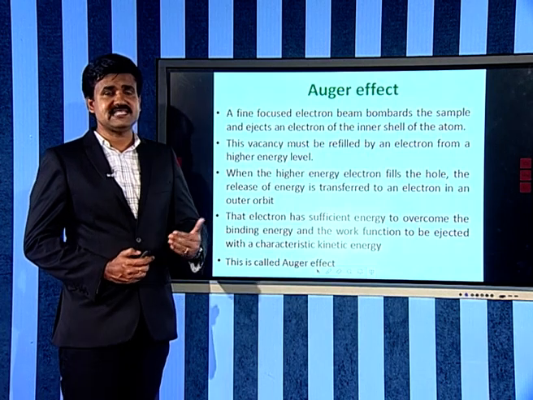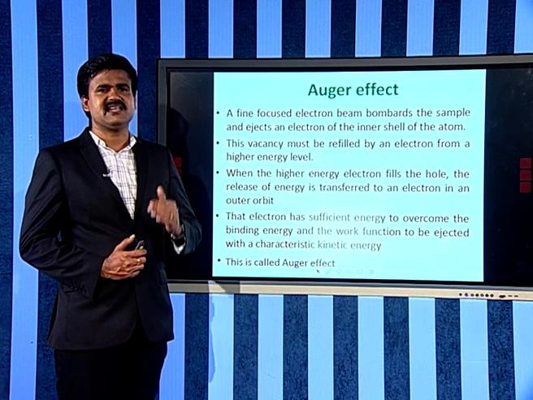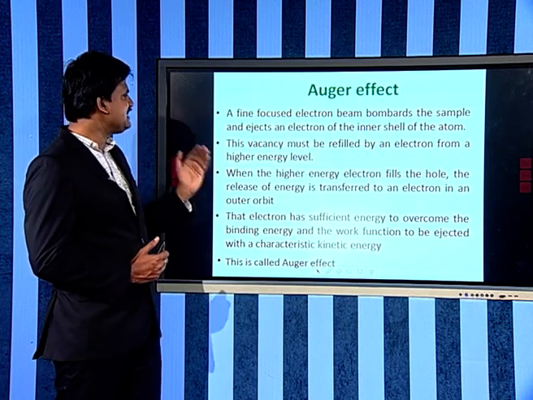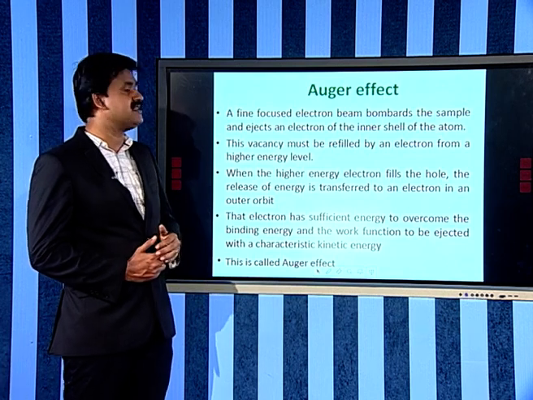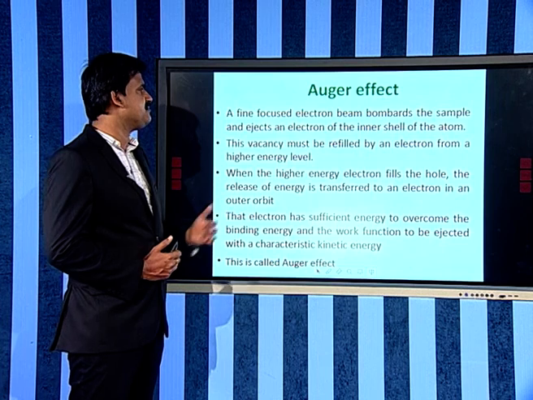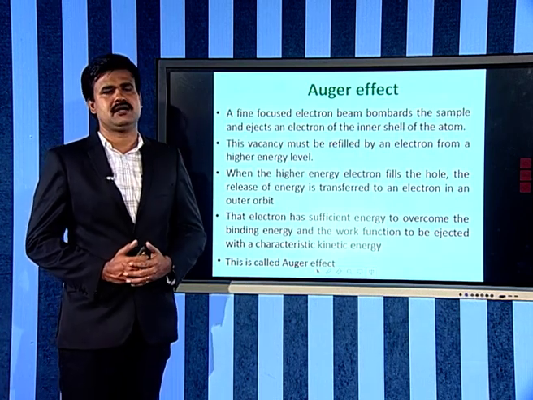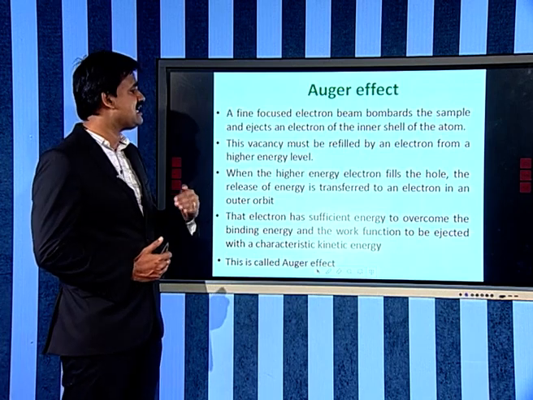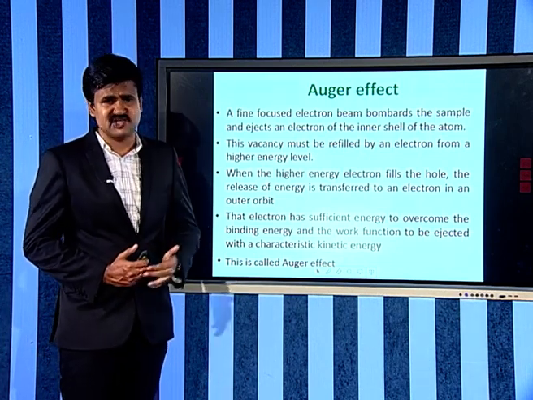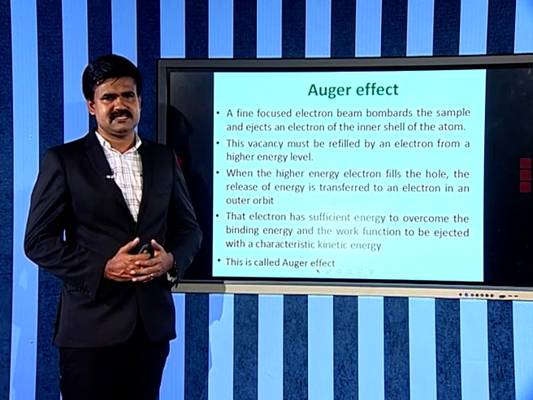Now, what is the Auger effect? A fine focused electron beam bombards the sample and ejects an electron of the inner shell of the atom. This vacancy must be filled by an electron from a high energy outer shell. When the high energy electron fills the hole created in the inner shell, some energy is liberated.